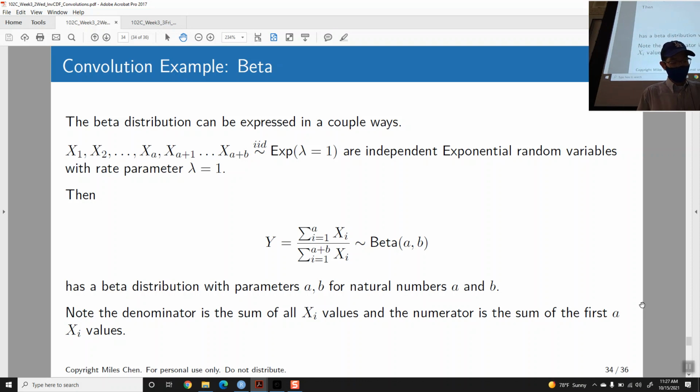It's kind of like you take the sum of A plus B, and generate that many values from an exponential distribution with rate parameter 1. Then you take the first A, that forms your numerator, and you take the sum of all of them, and that forms your denominator. That way you always get a value between 0 and 1.